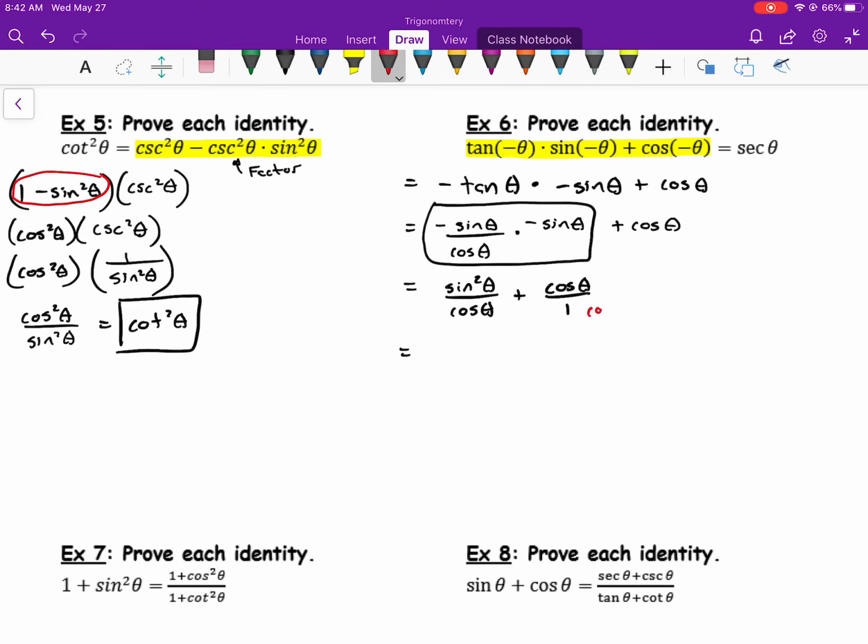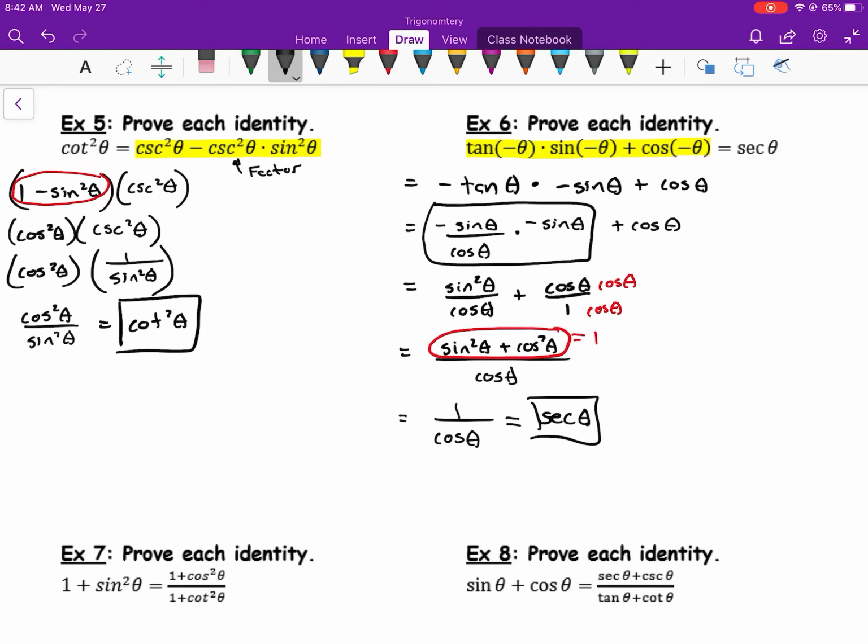Need a common denominator here. So I get sine squared plus cosine squared all over cosine. Again, this identity pops up again, so it's 1. So we're left with 1 over cosine theta. If we flip it, we get secant theta.